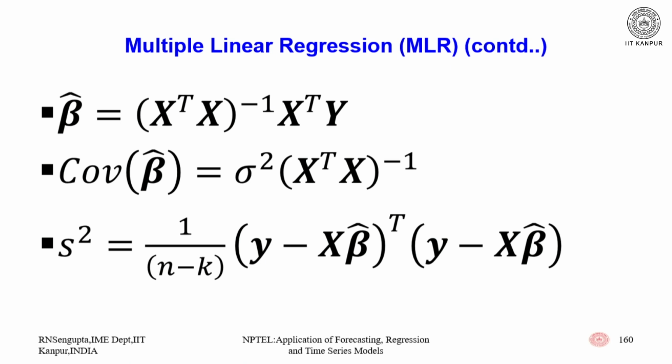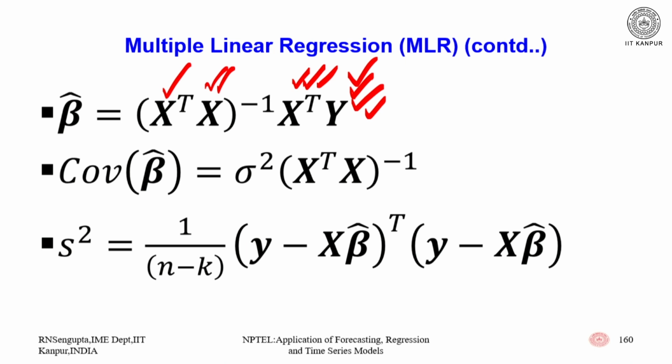I will again repeat: the first term, where I put the red tick mark, is x transpose. The second, where I put a double tick, is x without the transpose, and both of them in the bracket you take the inverse. The third, where I put three tick marks, is again the transpose, and the four tick marks are for y. All the data information is there; you will utilize it.